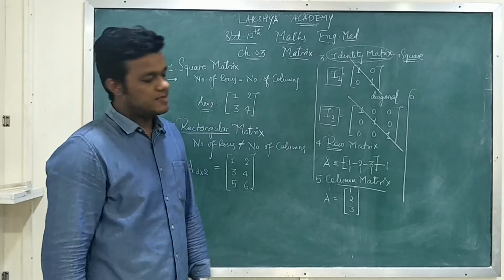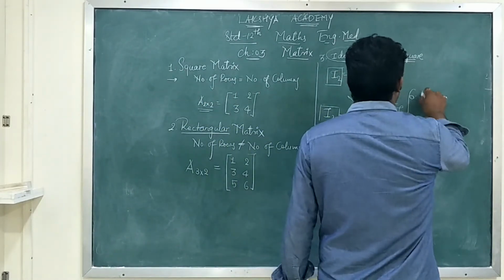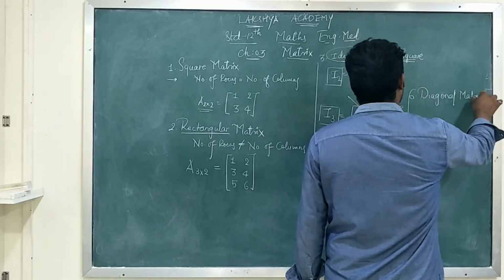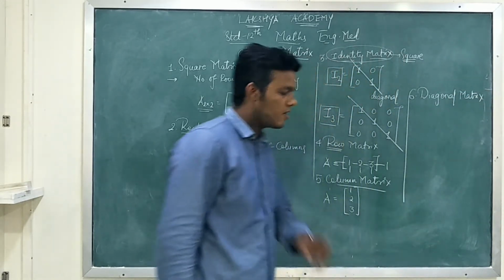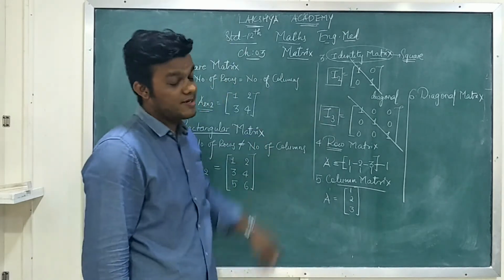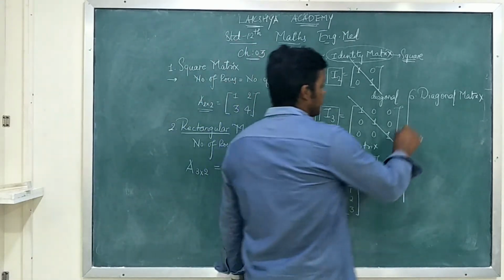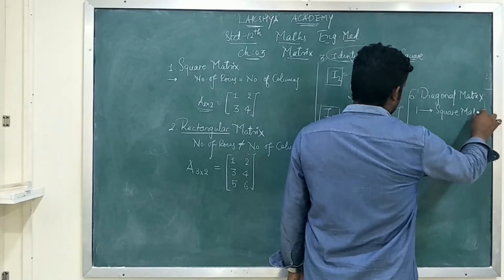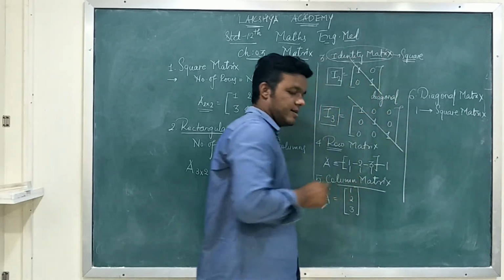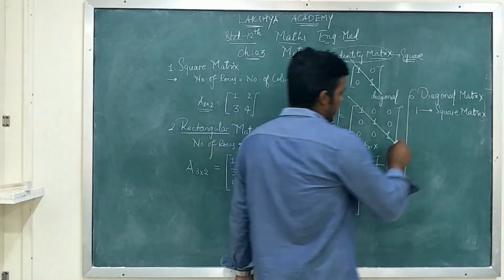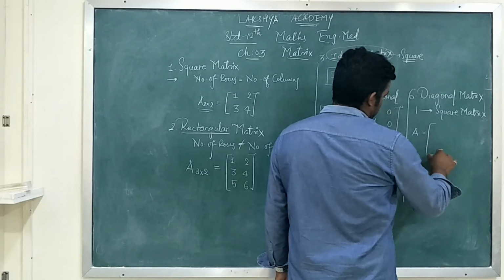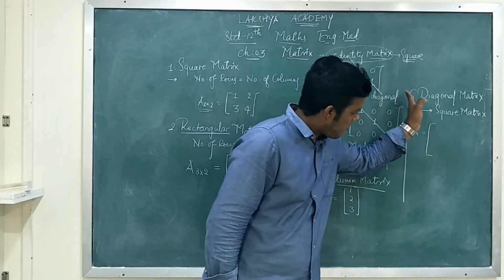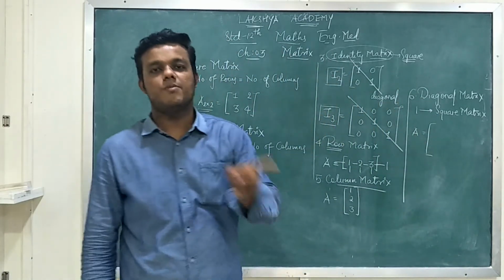Now moving towards the sixth type of matrix. Sixth type is the diagonal matrix. Diagonal matrix is similar to the identity matrix. Why? First of all, it should be a square matrix. And the second condition, all the members except the diagonals should be 0, but all the members on the diagonal should be non-zero.